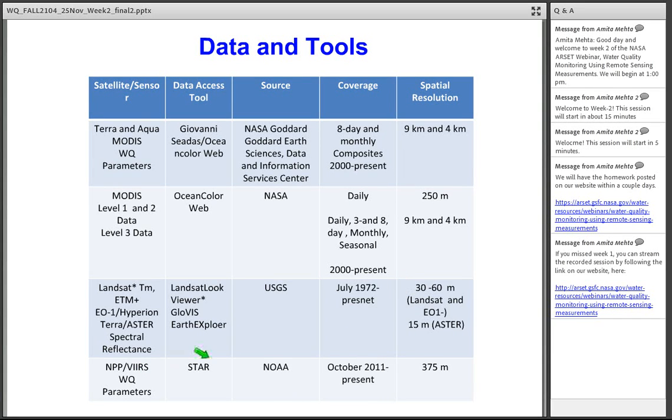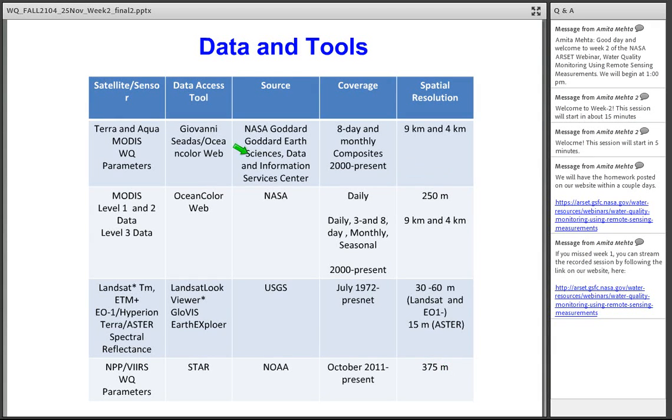NPP VIIRS is available from a STAR tool that is from NOAA. This is a recent addition to our toolbox, and we're still working on it. The chlorophyll is available from this, and so are spectral reflectances. The resolution is also the highest, 375 meter.